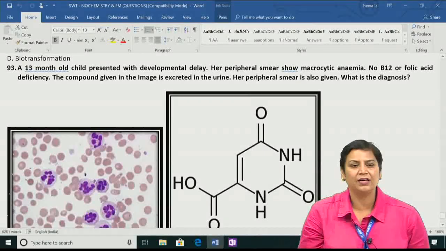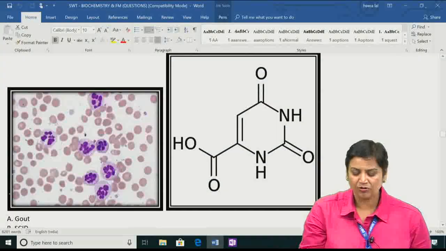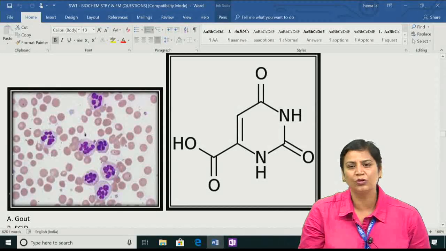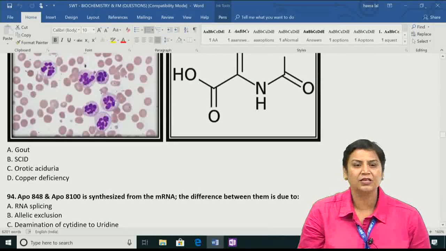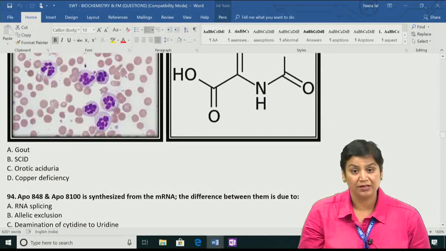Question number 93. A 13-month-old child presented with developmental delay. Her peripheral smear shows macrocytic anemia, no B12 or folic acid deficiency. The compound given in the image is excreted in urine, and her peripheral smear is also given. What is the diagnosis? Now you see, this is nothing but the structure of orotic acid, and the answer would be orotic aciduria.